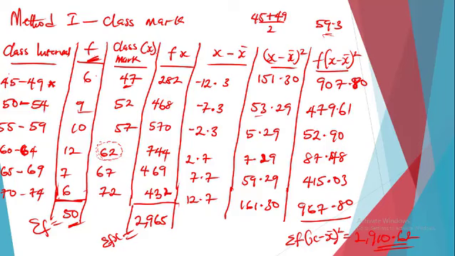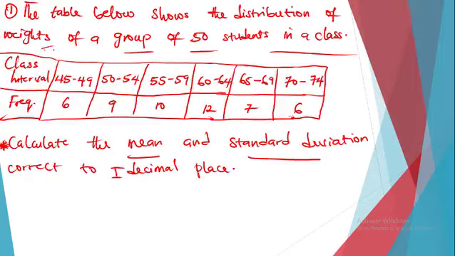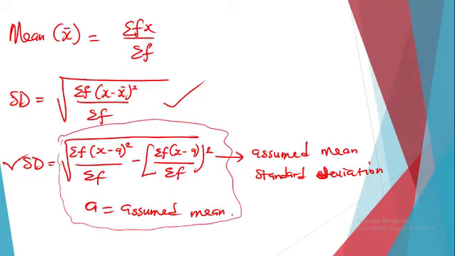This is x. So if 62 is our mean, then a is equal to 62. Our assumed mean is denoted by a. This is the formula, you remember? So let's carry it over to the other side.